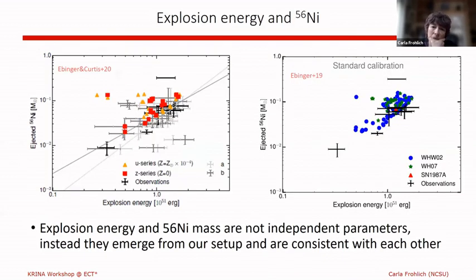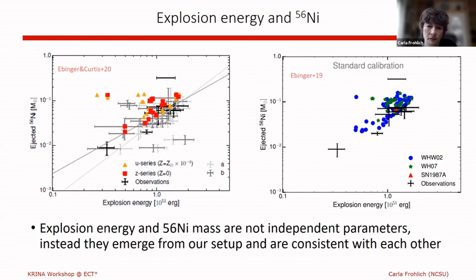All right, other observable signals in this multi-messenger area are explosion properties, and of course, nuclei. On this slide, I show you two plots that have the same quantities. They have explosion energy on one axis and ejected nickel 56 on the other axis. In our models, these two quantities are not independent.